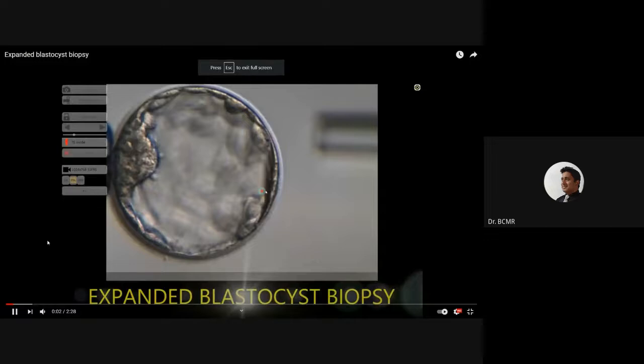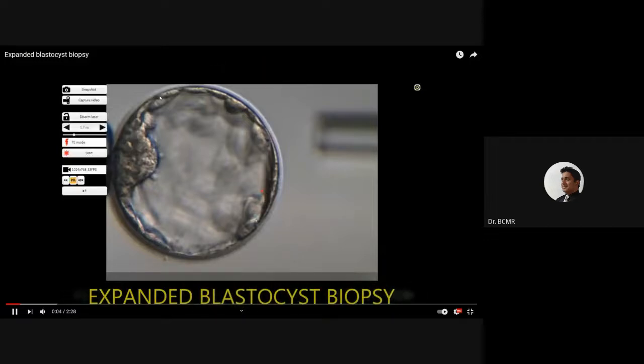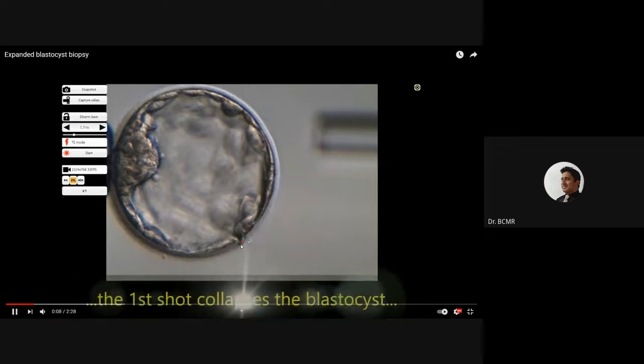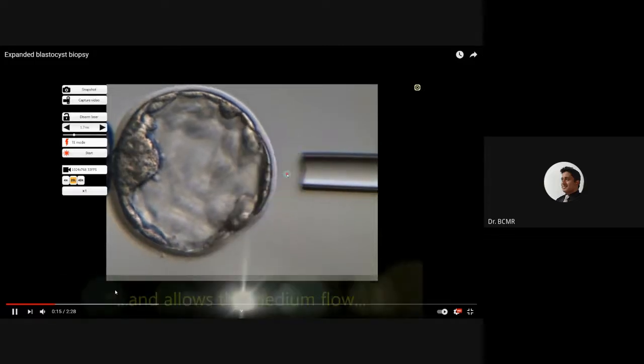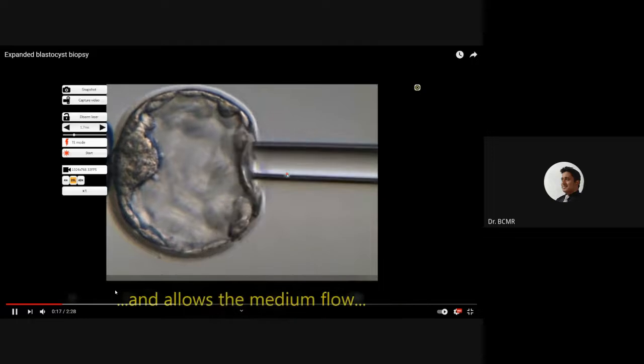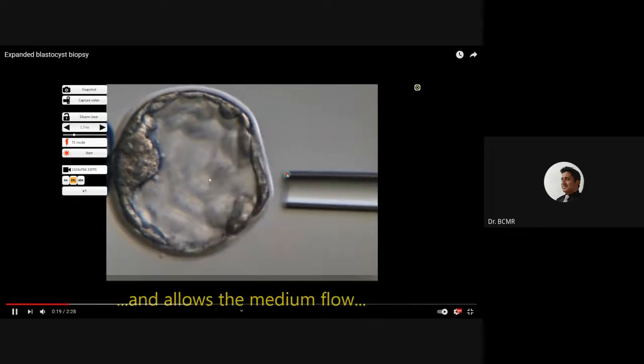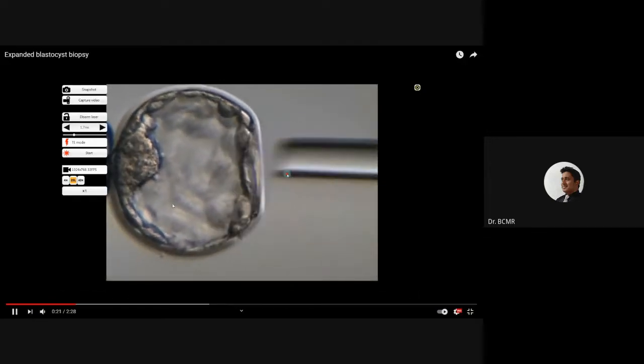This is a blastocyst. You see the ICM here. These are the trophectodermal cells. Now you see this here. They're hitting it with a laser, so that the laser will make the hole in there. And then they are trying to push the blastocyst. There is a fluid filled.